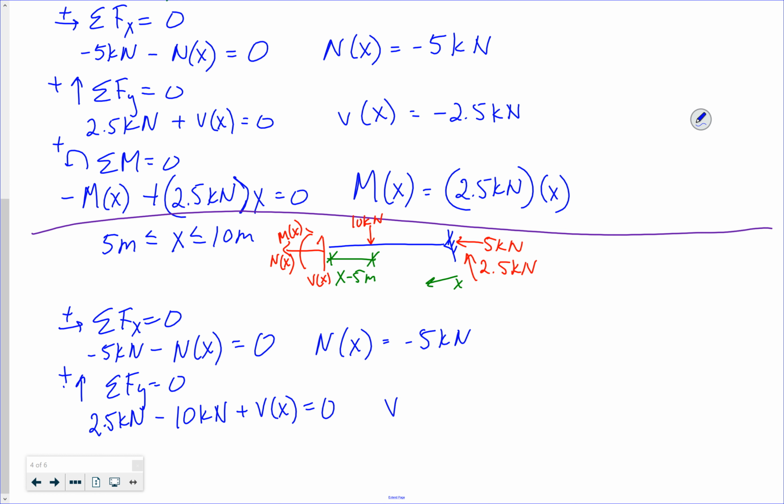So I get to solve for that. V of x is negative 10 plus 2.5, so negative 7.5. Wait, hold up. Not negative, right? It equals 10 kilonewtons minus 2.5, which is positive, right?